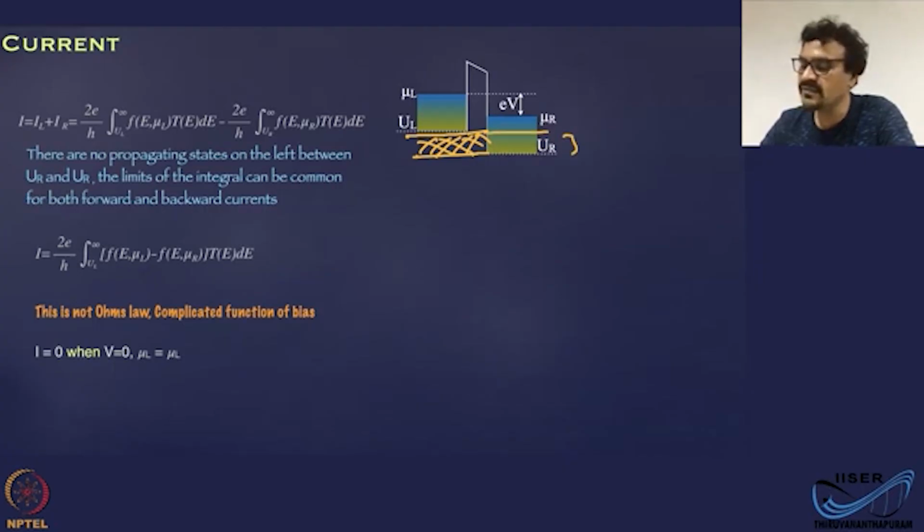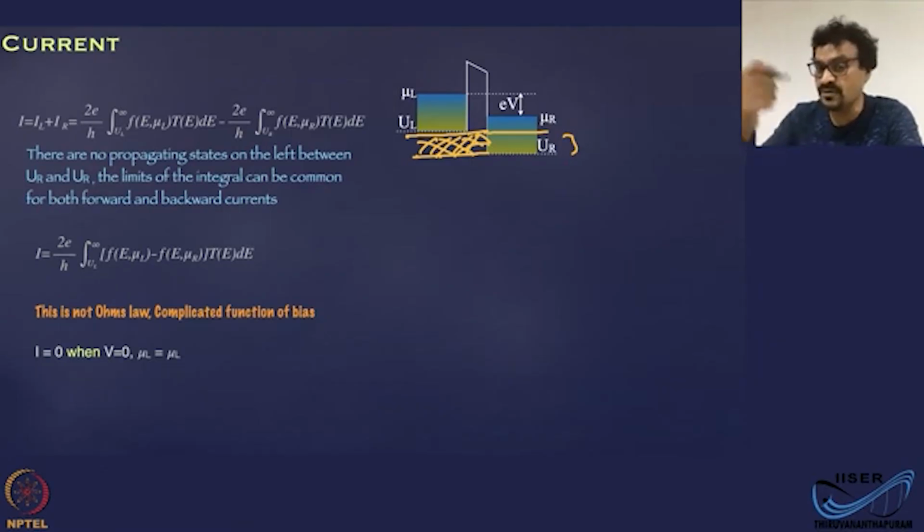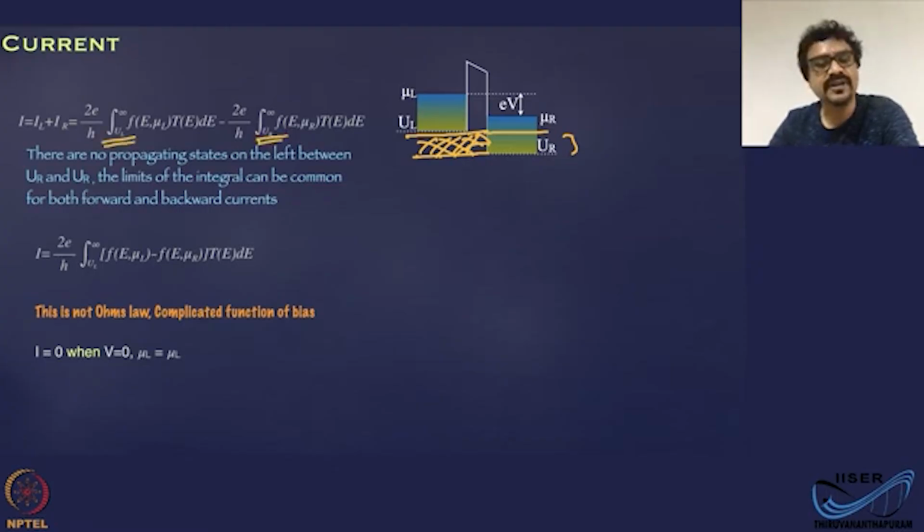You can start the integral for the right-hand side also from UL because there are no states here to propagate. It's a forbidden region, because that's a band gap. UL is the bottom of the conduction band. Below that, you don't need to worry. What that means is that these two integrals can be set from UL to infinity, and that's what we have.